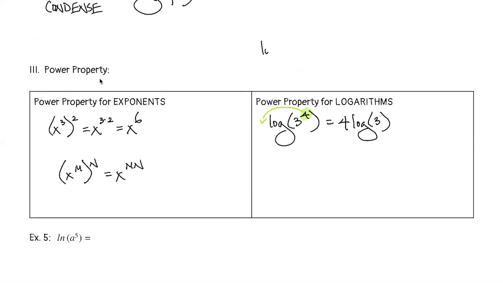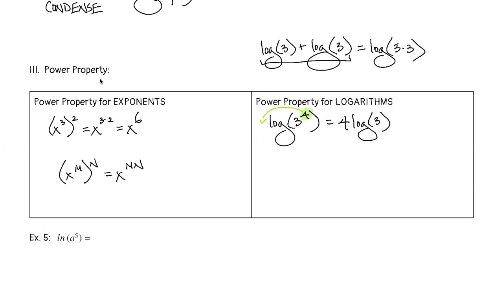If I have log of 3 plus log of 3, if I condense my logs using the product property, I get log of 3 times 3, right? But if I just look at this left-hand side and I combine like terms, how many log 3s do I have?